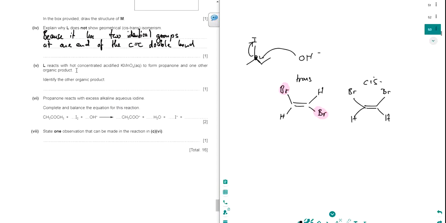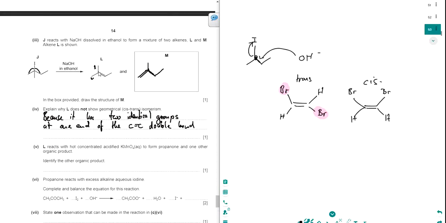L reacts with hot concentrated acidified potassium manganate to form propanone and one other organic product. Identify the other organic product. There L is here.